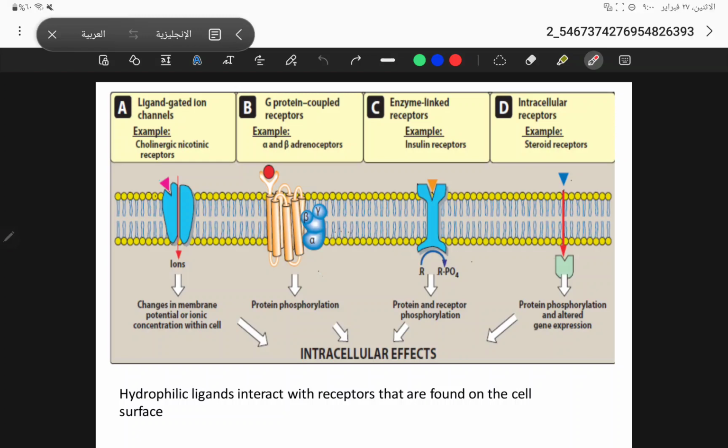So until now we have the example of the nicotinic receptor, a sodium channel that lets sodium enter inside the cell after the drug has bound on a specific site on that receptor, making the channel open.